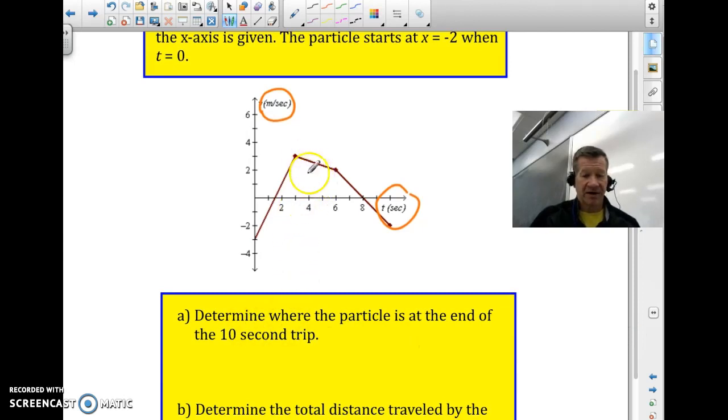Well, now we have to actually find these areas. Here I have a triangle with a height of 3 and a base of 1.5. Now is it exactly 1.5? Well, I can see that the slope is up 6 over 3, so the slope is 2.